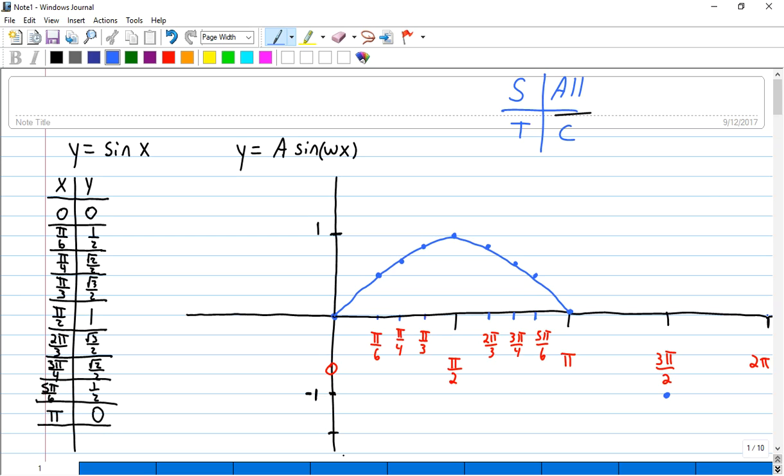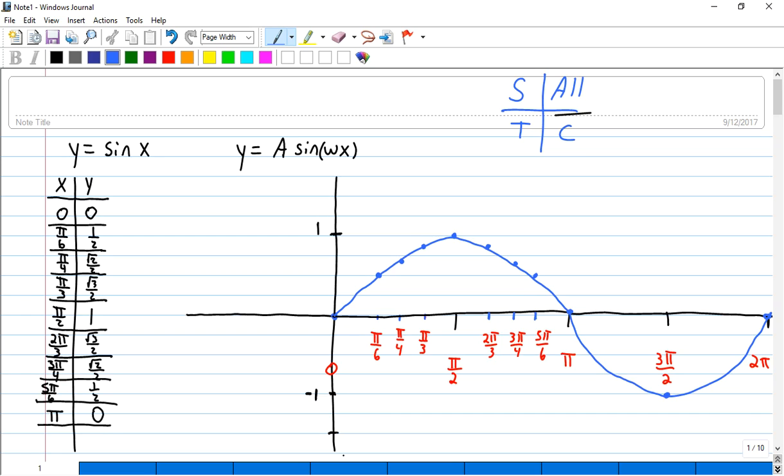And we know the sine of 2 pi is what? That's right, 0. So if I was to put those 2 points on there, that'll kind of give me a guideline of where I need to go. Now this graph, of course, doesn't look like this right here. I told you. It's kind of a reflection of this right here. It's going to be smooth going down and smooth coming back up.